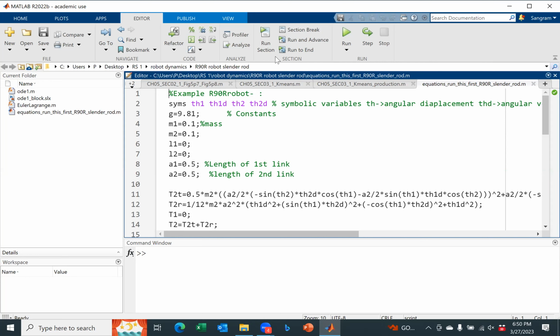Ignore L1, L2. A1 and A2 are the lengths of the links.